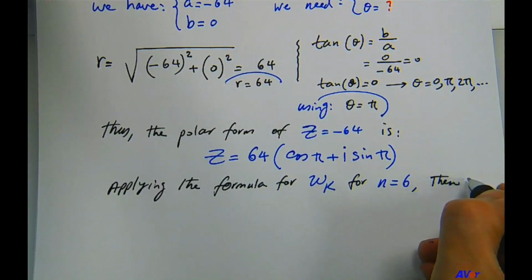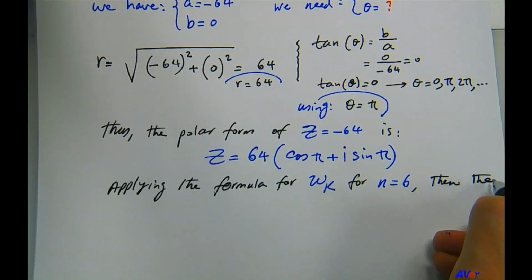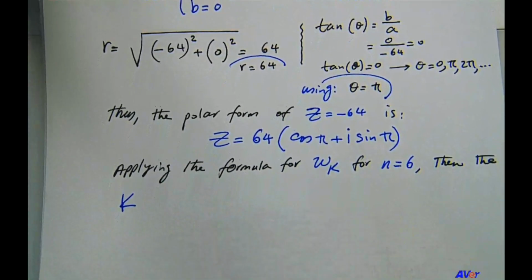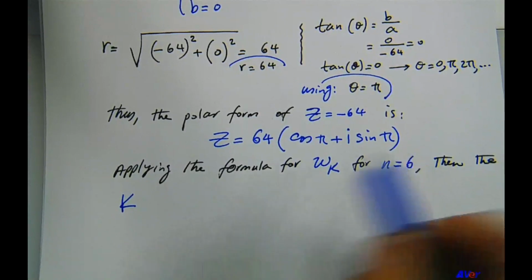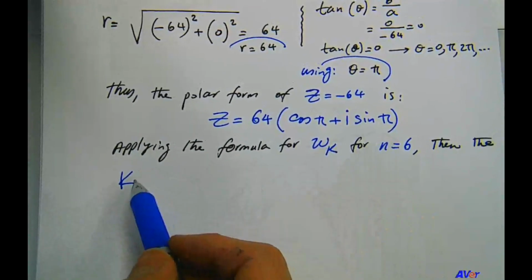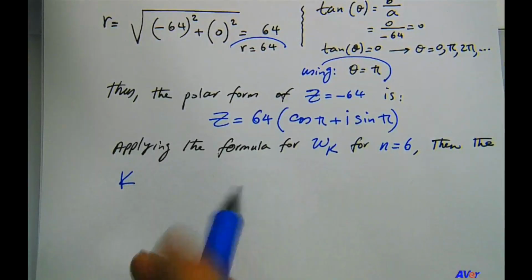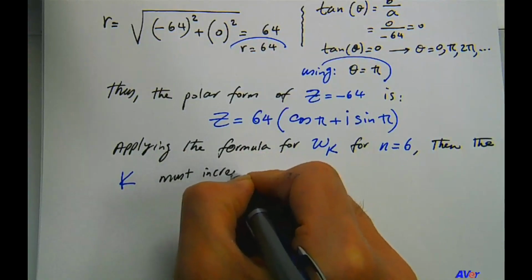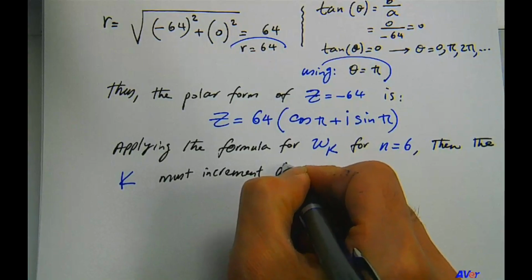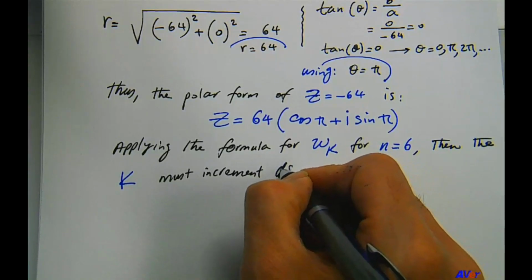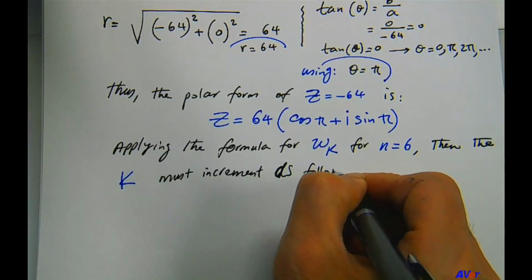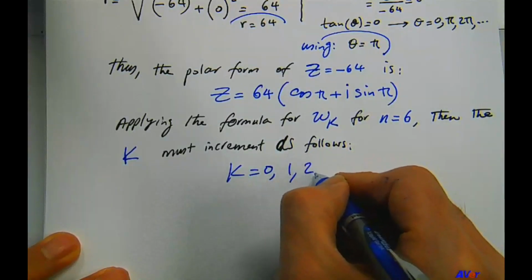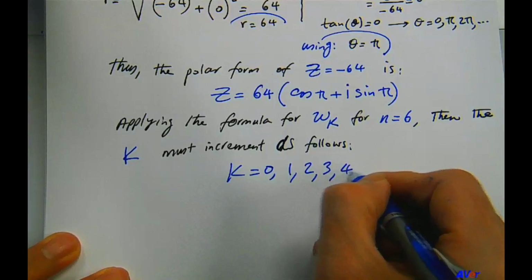Then the k value should increment. We're looking for 6 roots. Each root starts with k starting at 0. So to find 6 roots, k must increment as follows: k equals 0, k equals 1, k equals 2, 3, 4, and 5.